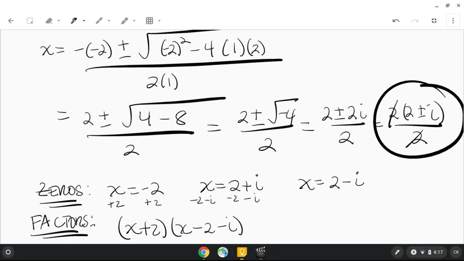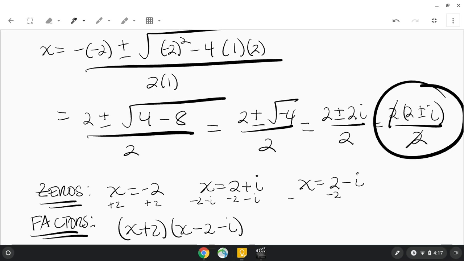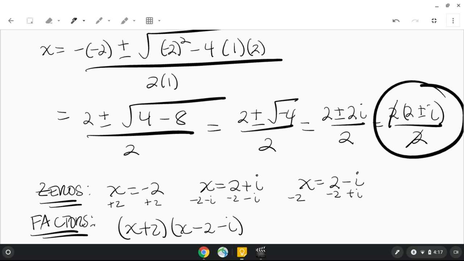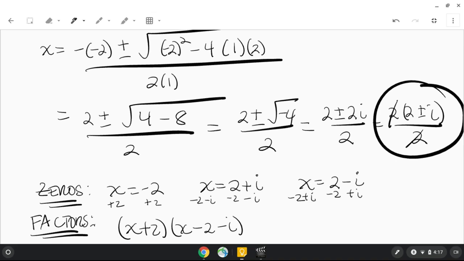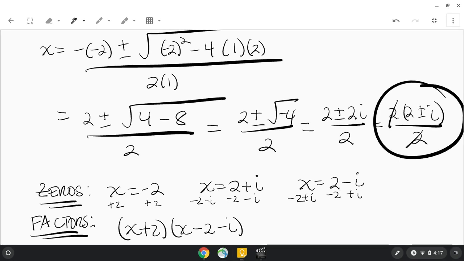And over here, I'm going to subtract 2 and add i. Okay, so my third one is going to be x minus 2 plus i.